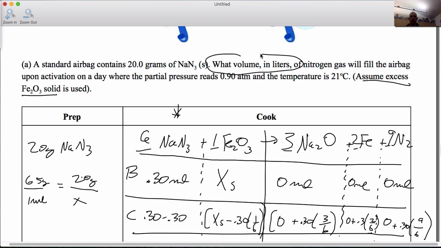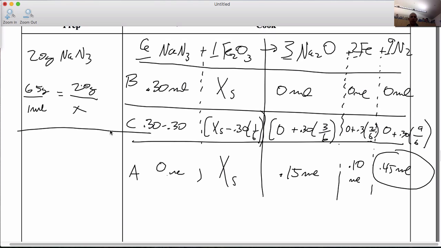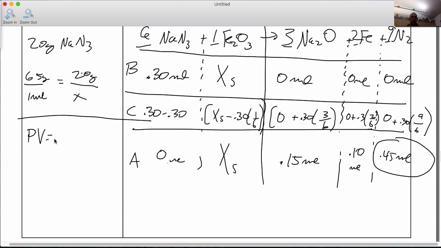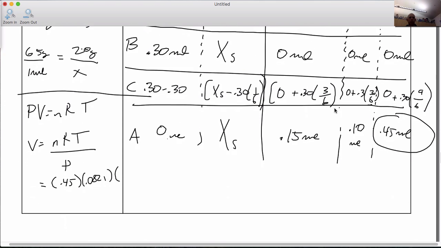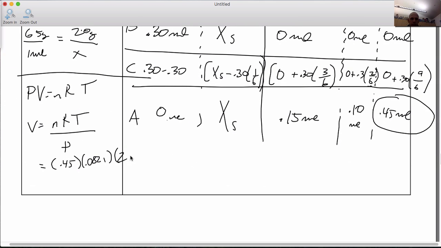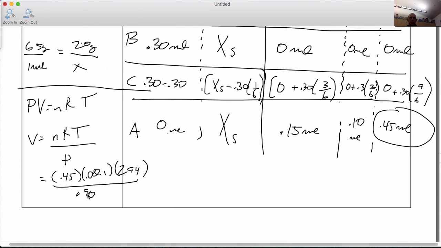Okay, so then it says, what volume in liters of nitrogen gas? So 0.45 moles, we're going to have to use PV equals nRT here. V equals nRT over P, which equals 0.45 moles, which we found, times 0.0821, times T, 21, so 273 plus 21 is 294, divided by the pressure, which they said was 0.90.